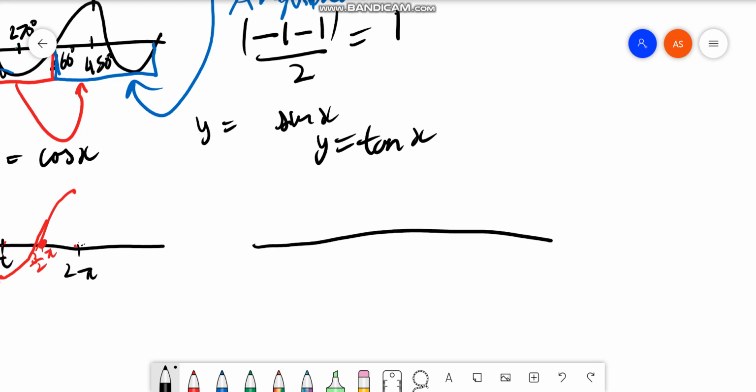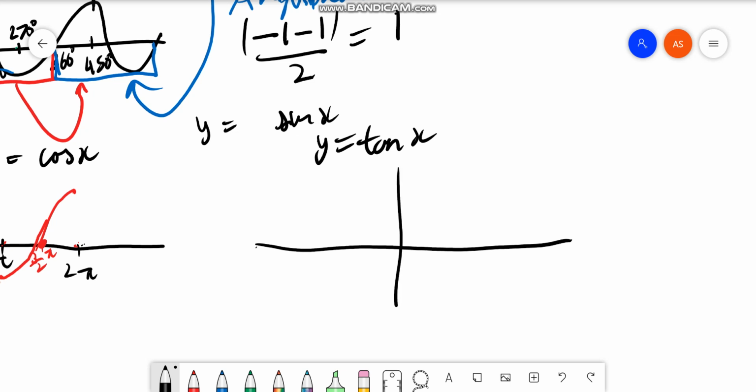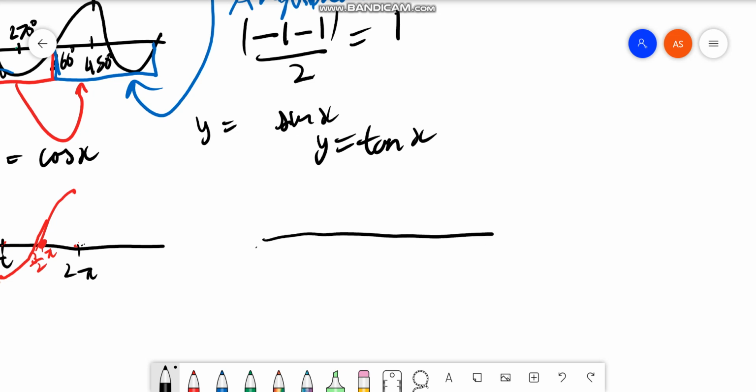So we have this, let's say this is 180 degrees, this is 360 degrees, and I'm going to make this 10, this -10. Now let's graph the points for tan x.